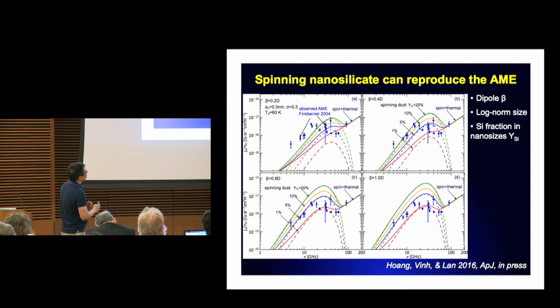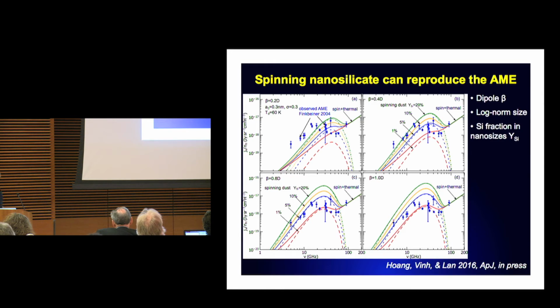And if we increase the dipole moment, we have an increase in the spinning dust emissivity. We show the data collected by Finkbeiner in 2004. As you can see, spinning nanosilicate emission can reproduce very well the observed anomalous microwave emission.